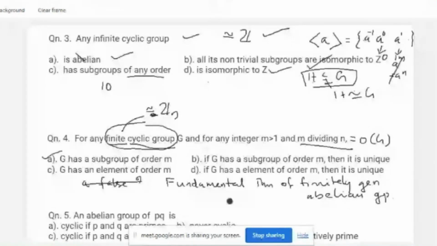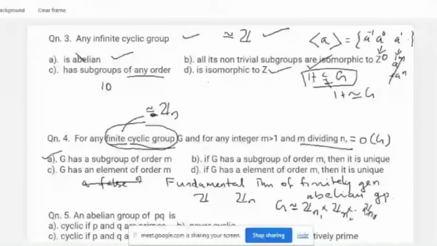Any finitely generated abelian group is isomorphic to a product of cyclic groups Zn and Z. So if G is a finitely generated abelian group, you can find natural numbers n1, n2, etc. such that G is isomorphic to Zn1, Zn2, etc.